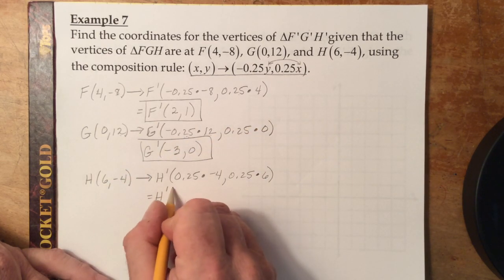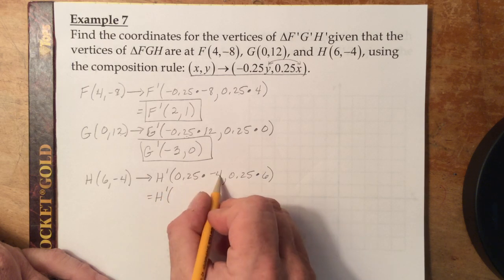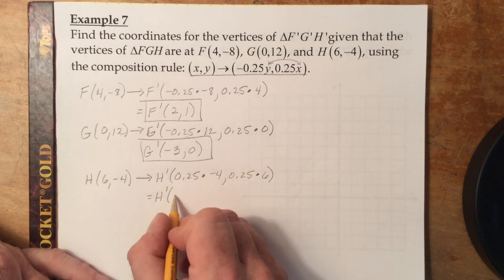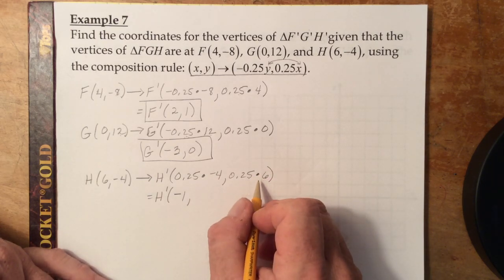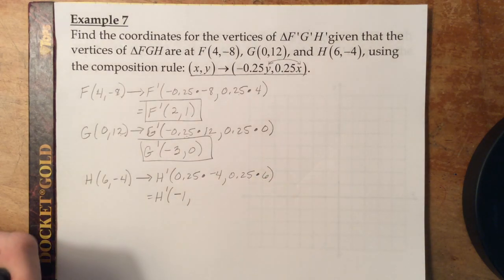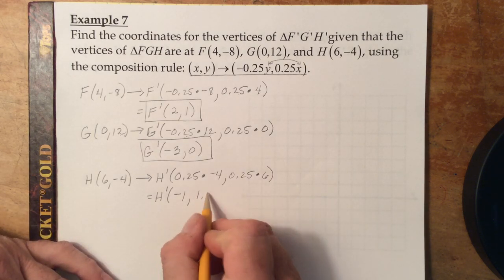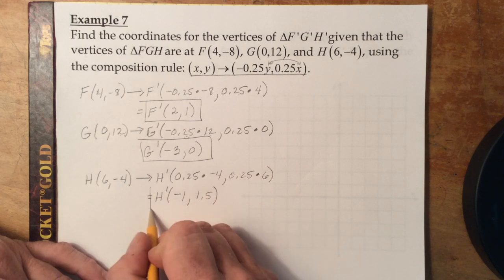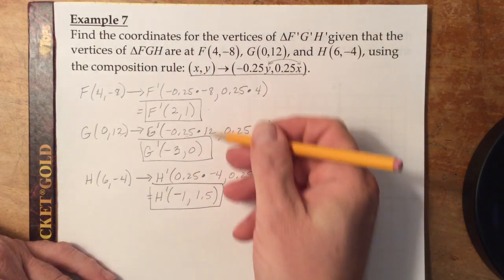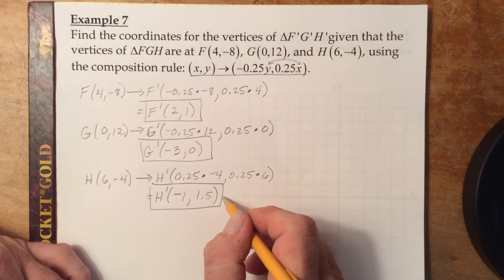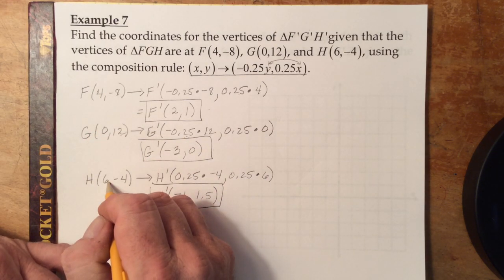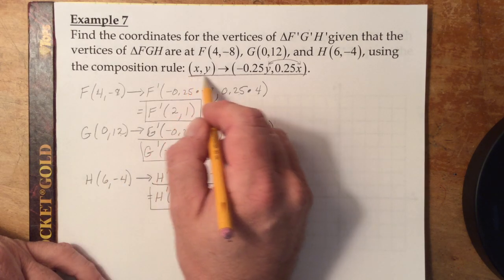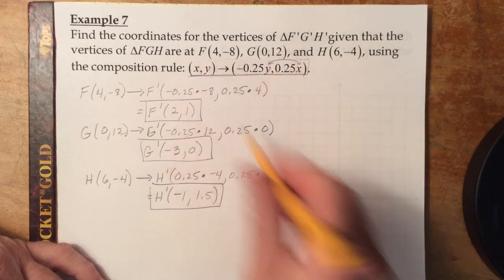So H prime: 1/4 of -4 would be -1, and 0.25 times 6, that's 1/4 of 6, and so you would get positive 1.5. These are the 3 new image points for when these 3 original image points in the triangle have been transformed using this composition rule.